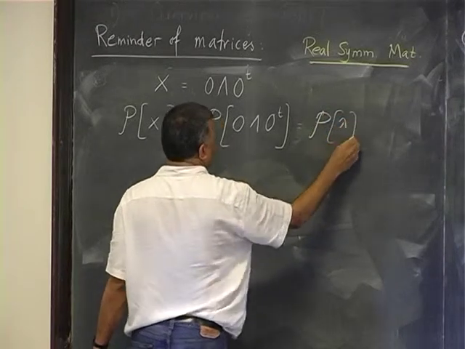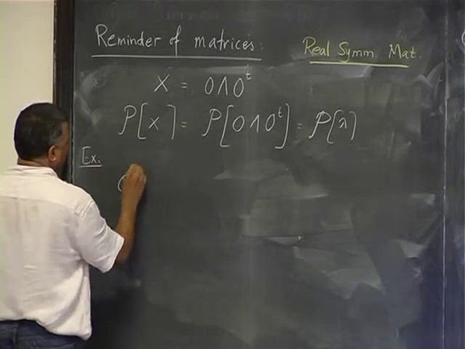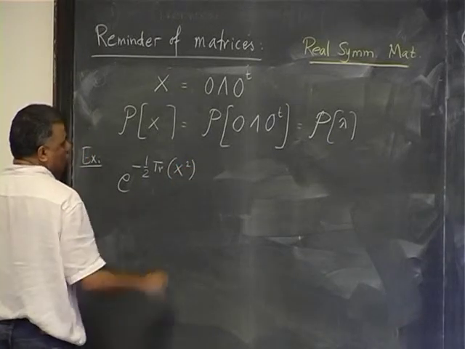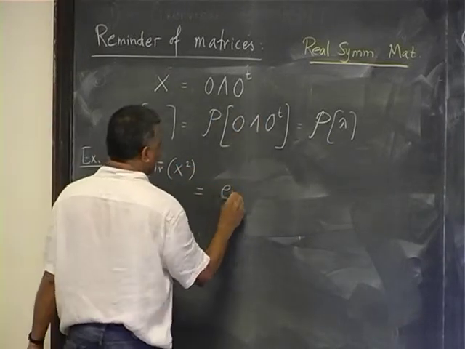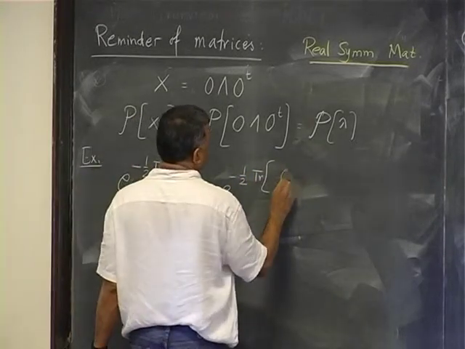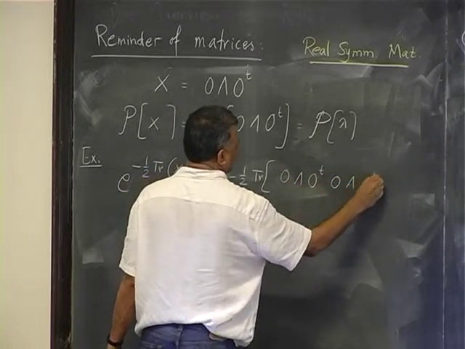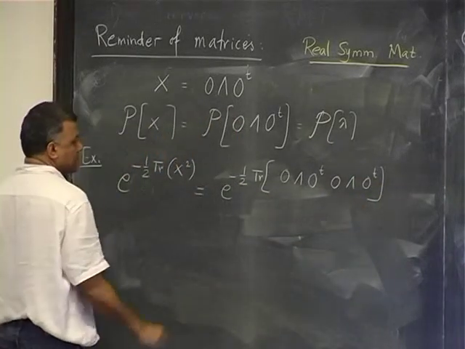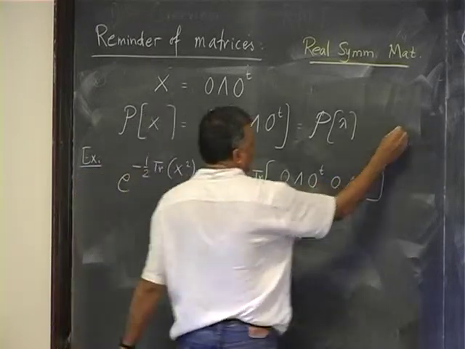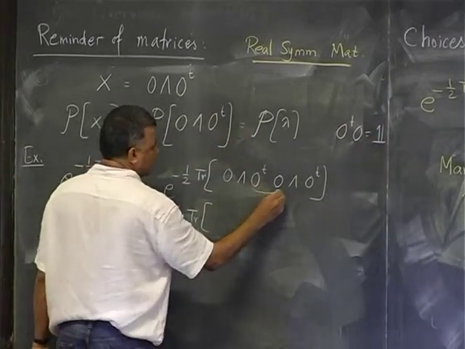Let's see an example. Suppose I take Gaussian. Under this change of variable, it becomes e to the power minus half trace of x squared, that means O lambda O transpose squared, so O transpose O lambda O transpose O. By definition this is an orthogonal matrix, so this is identity.